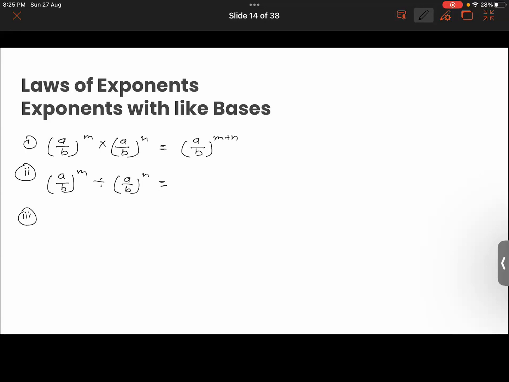So we minus the power and we take a upon b as common. Exactly. Now, Arham, if you have an expression like this, then what do we do? We multiply the powers. Very good.